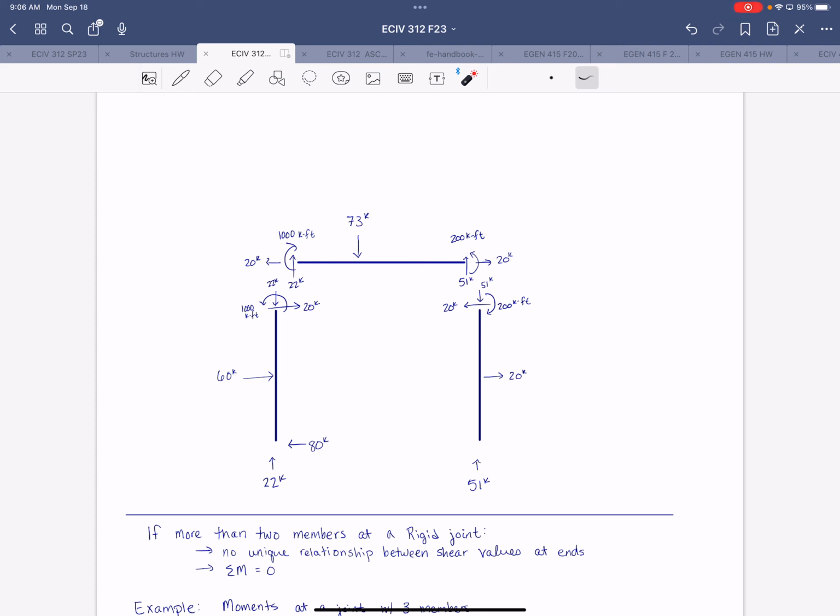And so note that at every joint, the sum of moments is equal to 0. So you have, right, at joint C, 200 kip-feet counterclockwise on the beam and 200 kip-feet clockwise on the column. At joint B, you have 1,000 kip-feet, 1,000 kip-feet, right? Again, opposite directions on beam and column.